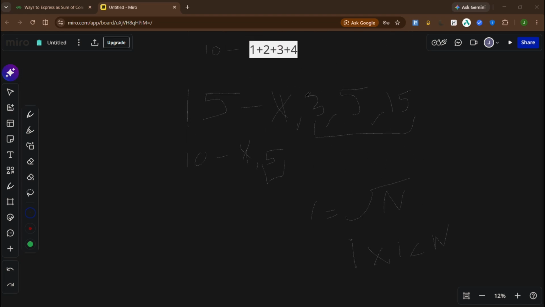For example, if we find 3, then we will also find its partner, that is 5, since 3 into 5 equals 15. When we find 3, in that same iteration, we will also find 5. This will reduce our complexity as we are finding two numbers at once.